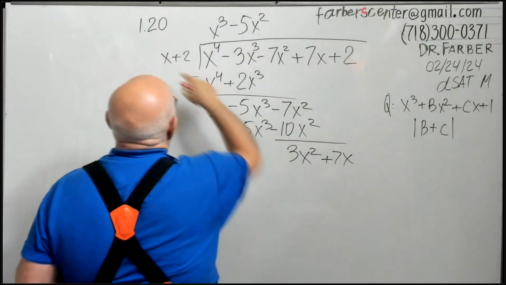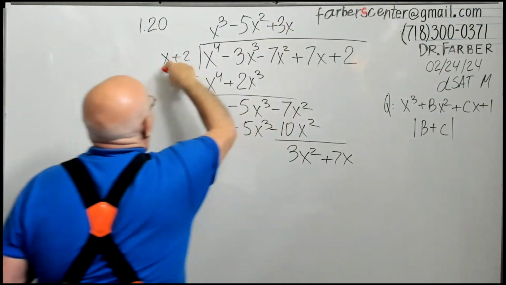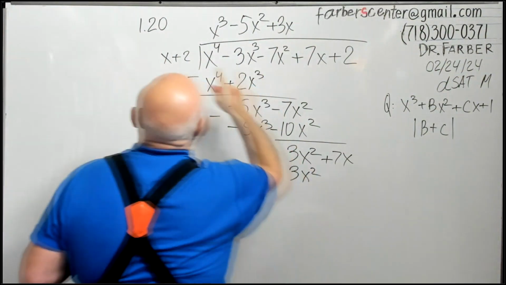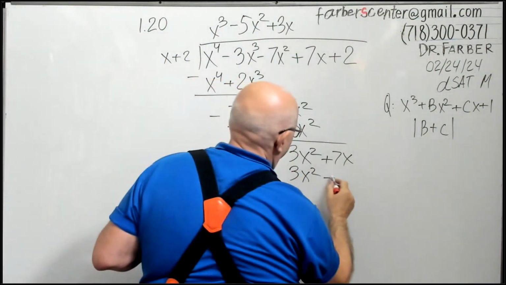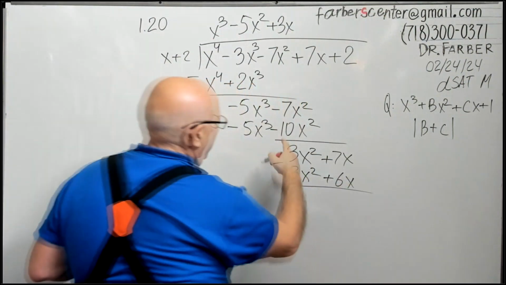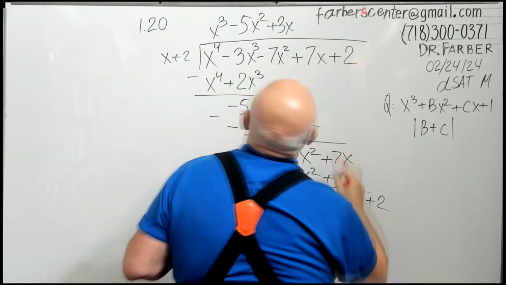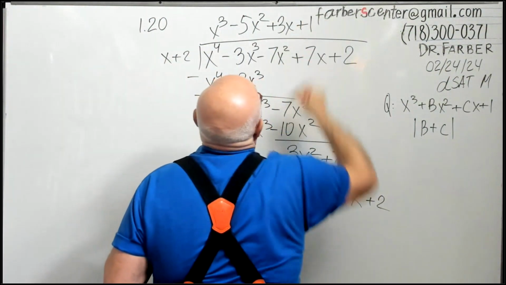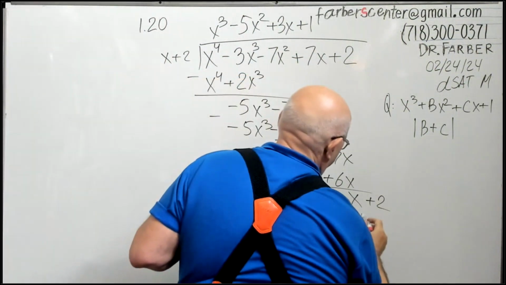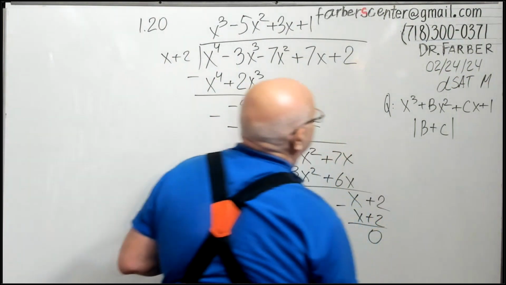So 3x squared multiplied by 3x. 3x times x, 3x squared. 3x times 2 plus 6x, minus. Cancel out, it would be 1x plus 2 plus 1. 1 times x plus 2, x plus 2. Subtract, this is 0.